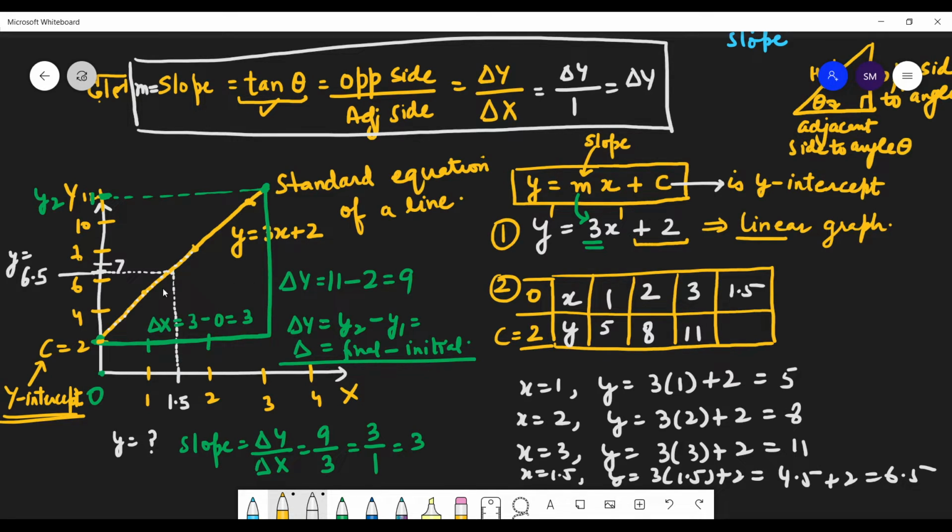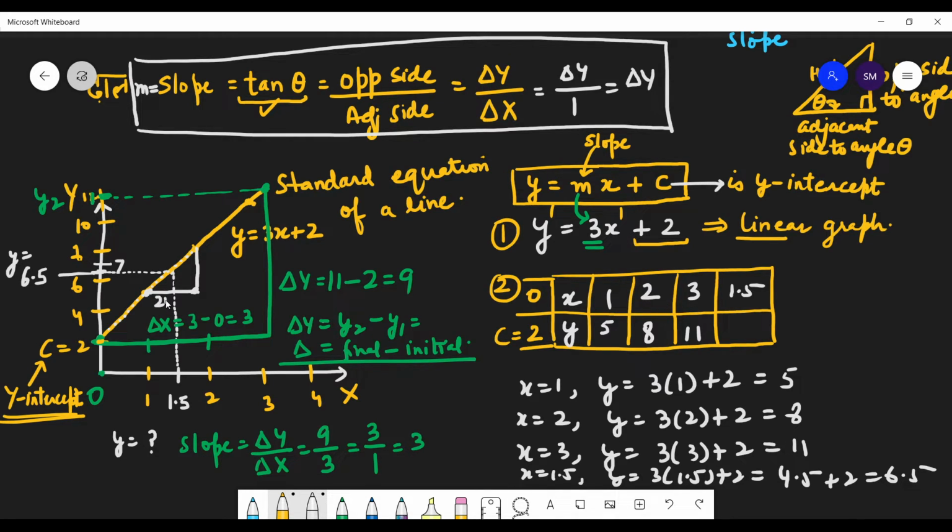Now see here, now I am taking this particular portion of the graph. How much is the change in x-axis, students, from here to here? The final position is 2, and the initial position is 1.